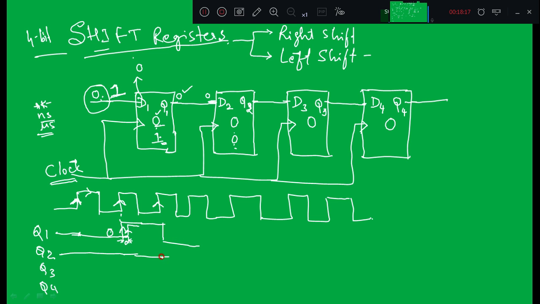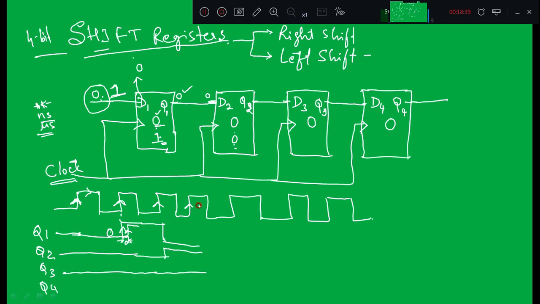So Q2 will become 1, Q1 is becoming 0. And what is the value of Q3? The previous state of Q2 was 0, and it will be loaded in the third flip-flop. That means Q3 is equal to 0.